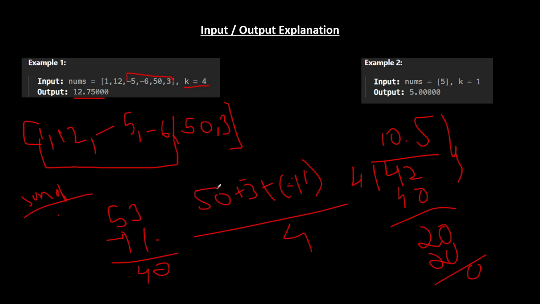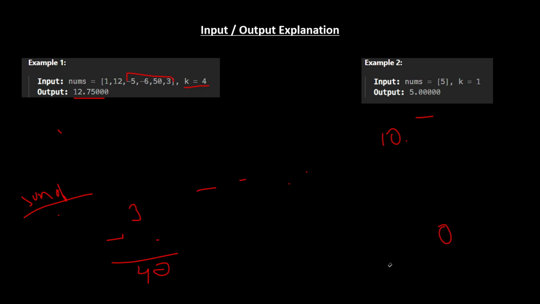Now we want the result to be 12.75. Let's try another one. First we took 1 and 12. Now let's take 12, minus 5, minus 6, and 50.